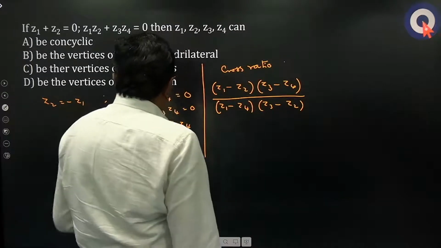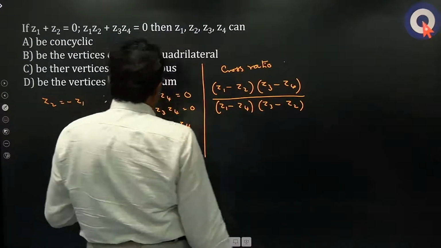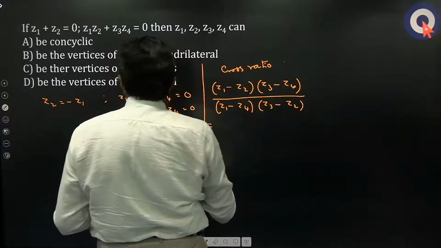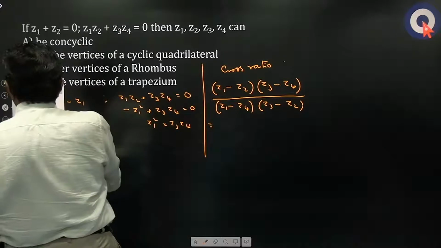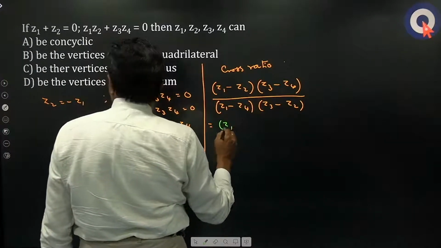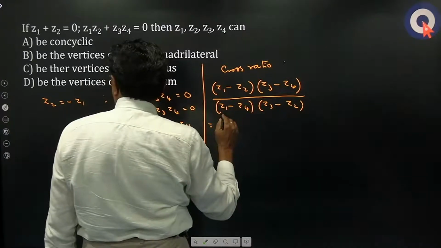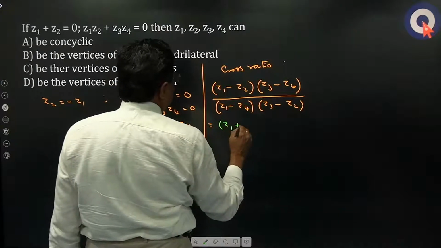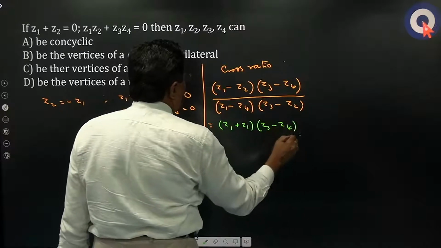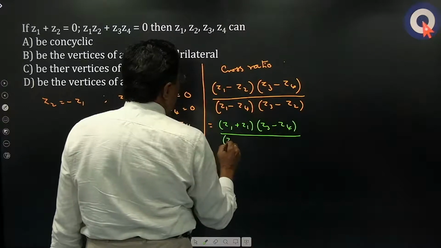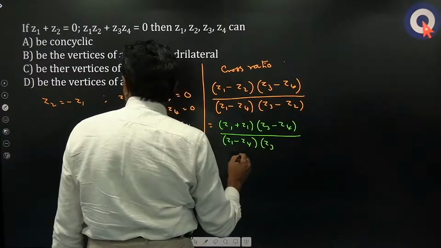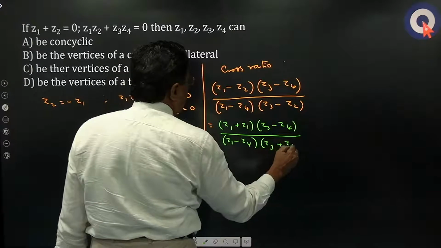So here, this can be written as z1 minus z2, which is minus z1, into z3 minus z4 by z1 minus z4 into z3 minus z2, which is z3 plus z1.